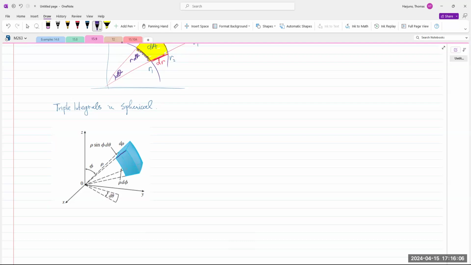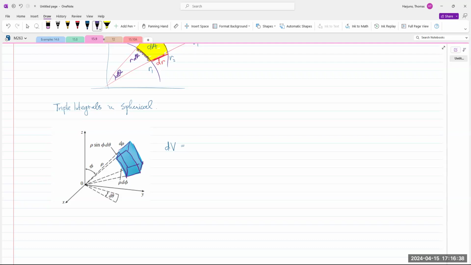These are the edges here. Not nice, I know. Sorry. Now this box, which we will call the differential of volume, has what kind of measure?